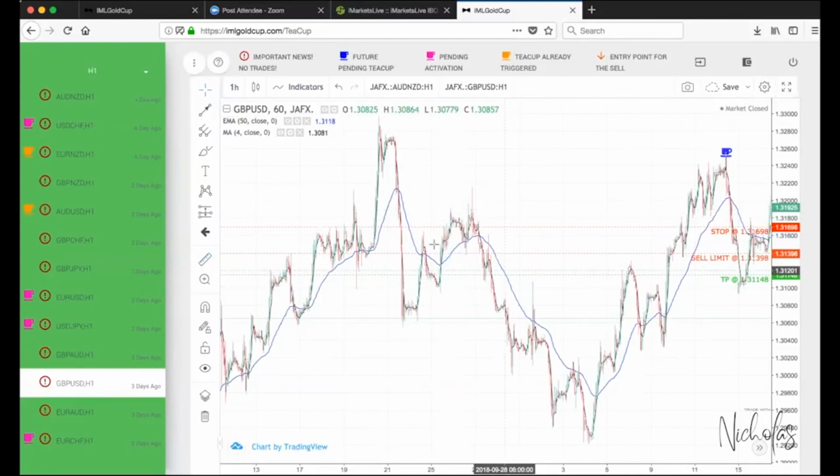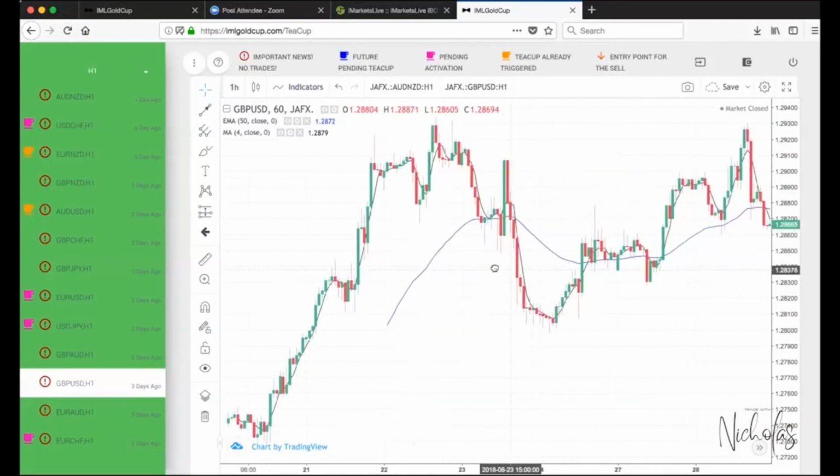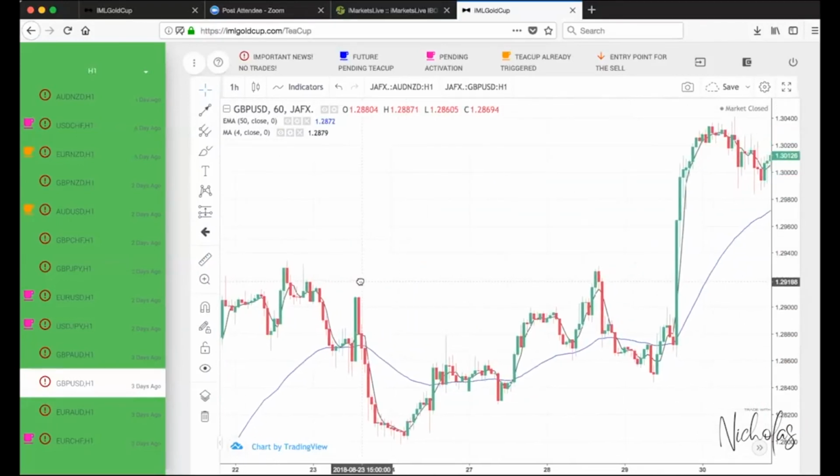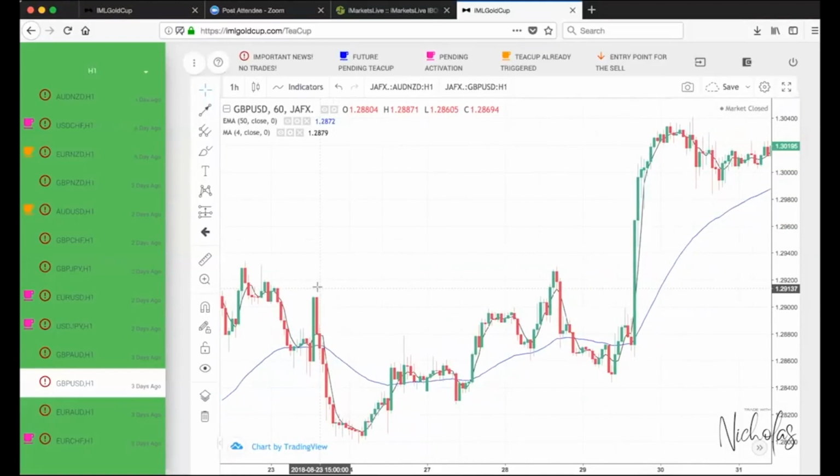So let me show you what we're actually looking for. Let me tell you why this is so powerful. So when you're dealing with market executions on your moving averages, the 4 is the king, okay? 4 is the king. Let's write that down. If you got a pen, you should write this down.